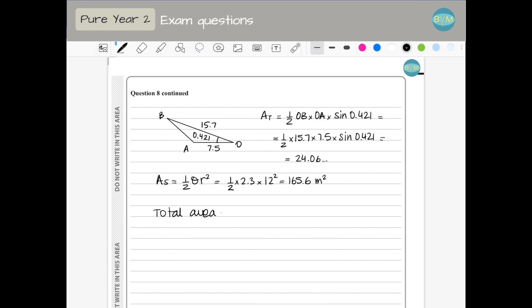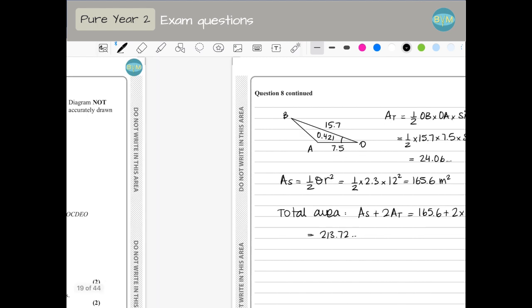So the total area is going to be the area of that sector plus 2 triangles. So it's going to be 165.6 plus 2 times 24.06. This area is 213.72.